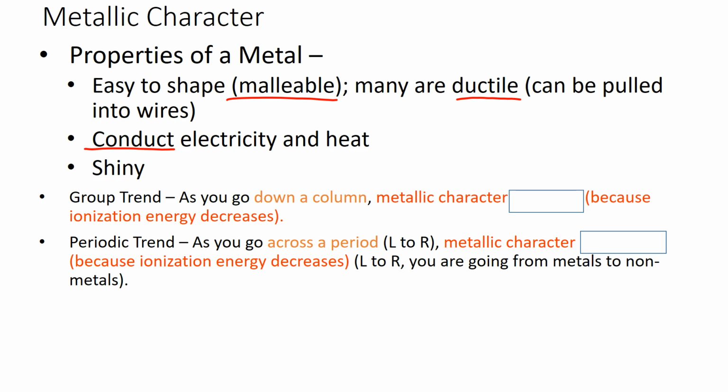And then when we look at it as a group trend, as we go down a column, metallic character increases. So as you're moving down the periodic table, the more like a metal a substance becomes. I'm actually going to use group 7A to point this out. What do you notice that happens to the phase of matter as we move down this column? It becomes more solid. We start off as a gas and become more solid.